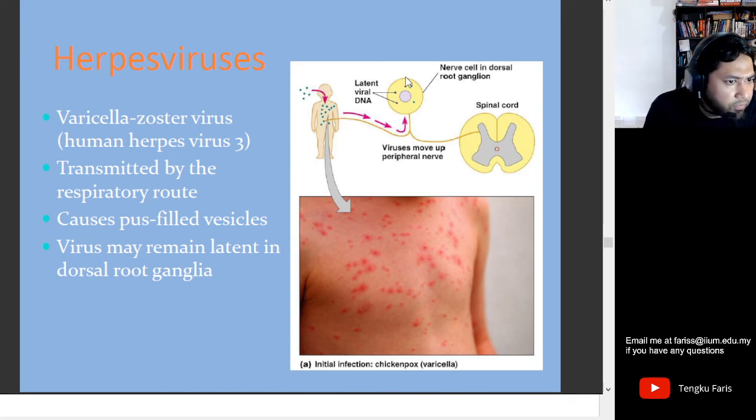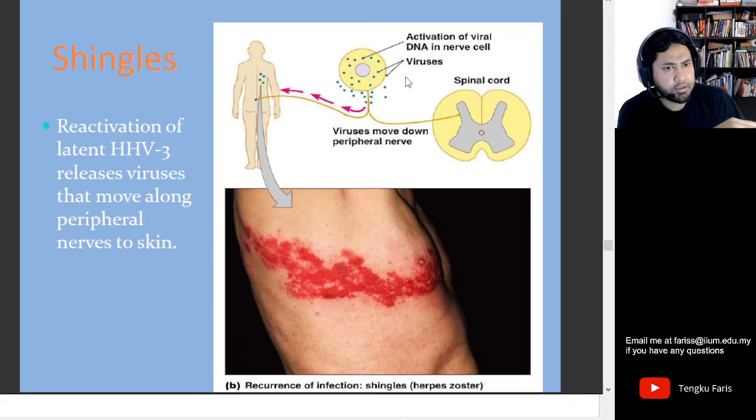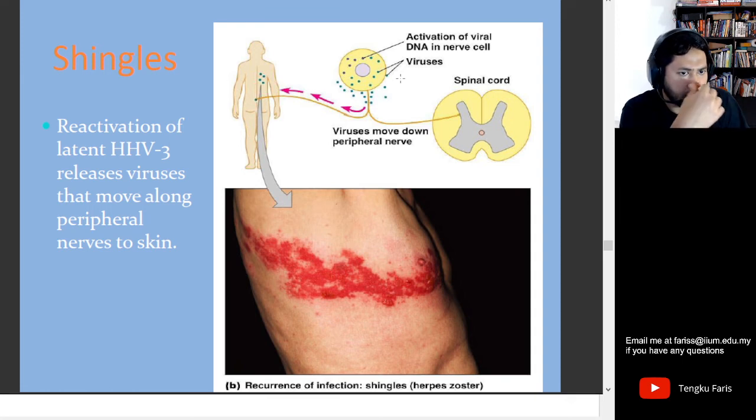I think not blood, via the peripheral nerve. Right? Shingles, almost the same, but when the viral DNA is already inside the host cells, they will release all these mature viruses, and they move down to the peripheral nerve and attack the spinal cord.